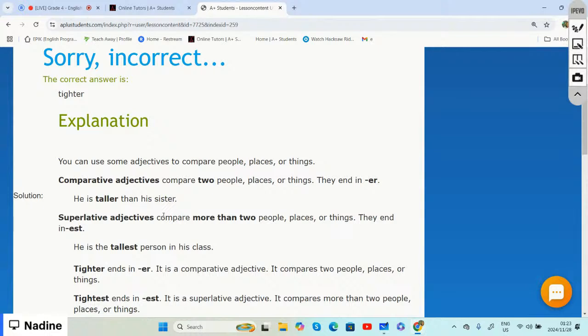And now, comparative adjectives, if we compare two people, two places, or two things, it ends in er. And we see there are superlative adjectives, it compares more than two people, more than two places, and more than two things.